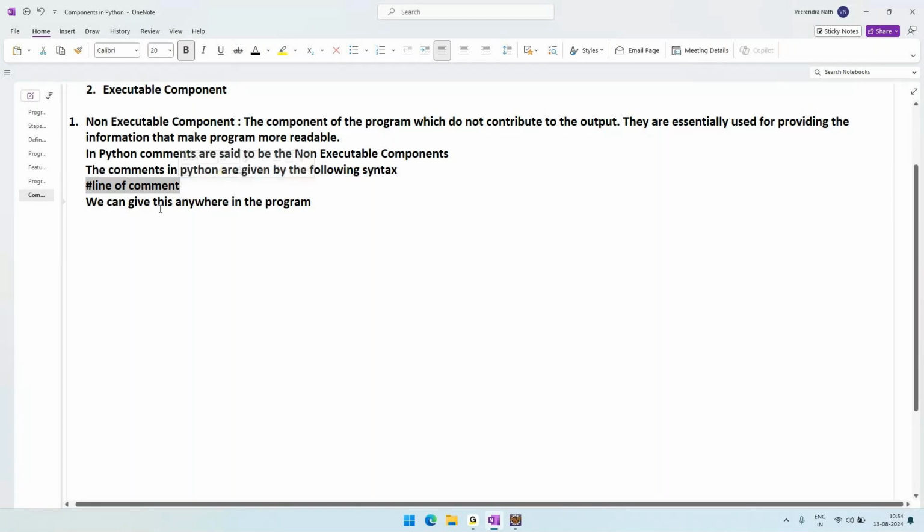Now for example, if I am writing a program for adding two numbers, a is equal to 5, b is equal to 3, and print of a plus b.